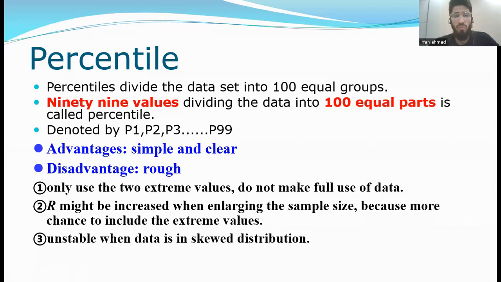We do not commonly use the 1st or 2nd percentile; we mostly use the 25th, 50th or 75th percentile. So it is not a full use of the data. Results might increase when enlarging the sample size, because there is more chance to include extreme values. So it is also affected by extremely large or extremely small values, like the mean and mode. It is unstable when data is skewed, so it is not good for skewed data.